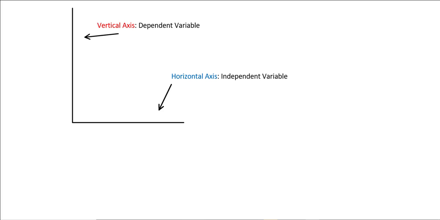Recall that we established that C depends on N. So C will be on the vertical axis as a dependent variable, and N will be on the horizontal axis as an independent variable. Now we'll look at what a possible graph between these two variables might look like. To start the graph, we could start it at the origin, because if 0 people go out to the restaurant, then the cost of the meal will be 0 as well.